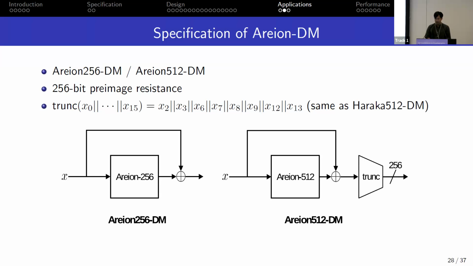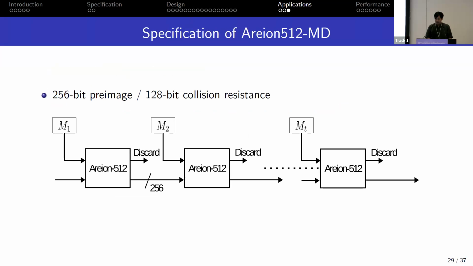Arayon DM is a simple Davies-Meyer hash function, which uses Arayon as the underlying permutation. And this is the specification of Arayon 512 MD. This is also a simple hash function, which uses Arayon 512 as its underlying permutation.